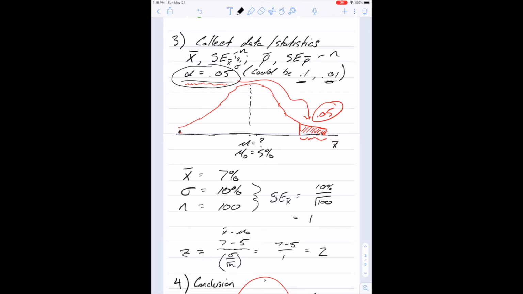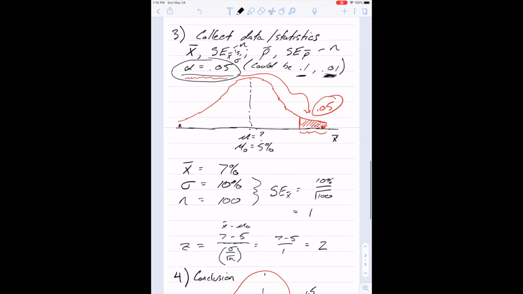You really choose that based on how safe you want to be. For example, if you're trying to test whether a drug cures a disease, but that drug has bad side effects, you might want to use a lower level of significance, which implies a higher level of confidence in your answer, so that you don't accidentally end up giving a bunch of people a drug that doesn't actually work but has bad side effects.